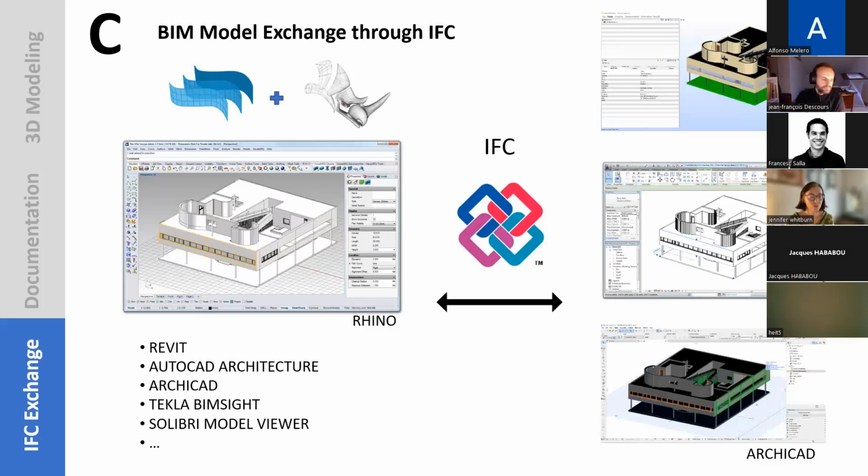So walls will be identified as walls in Revit or in ArchiCAD or in other programs, as well as columns, beams, and openings. And not only the object type, but also the information stored in the 3D objects. All of these are stored in the IFC files.